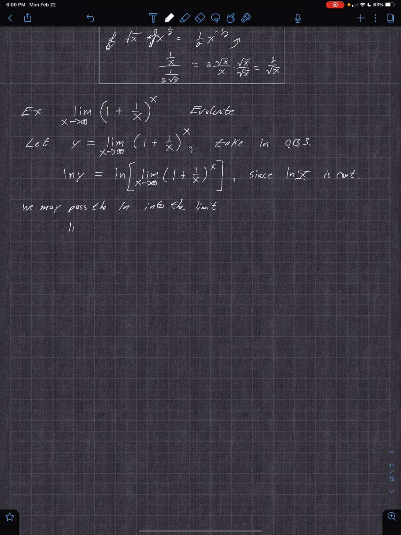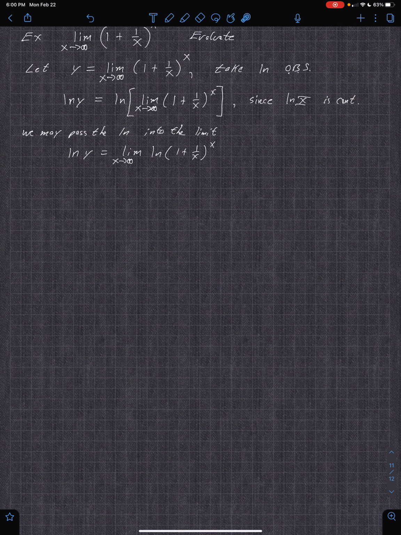So what you then get is the natural log of y equal to the limit of ln of 1 plus 1 over x to the x as x approaches infinity. Now you can apply properties of logarithms and bring this x down. So this is equal to the limit as x approaches infinity of x ln of 1 plus 1 over x.